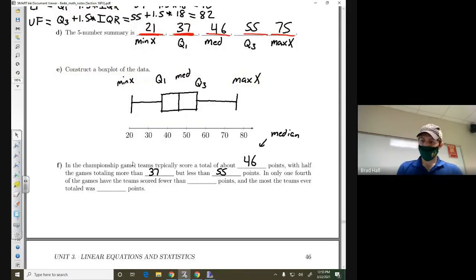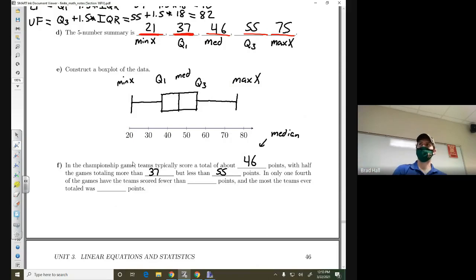Okay. In only 1/4 of the games has the team scored fewer than blank points. What about that one? 1/4, that's 25%, fewer than blank points. So nothing is smaller than the minimum. So 0% would be smaller than the minimum.